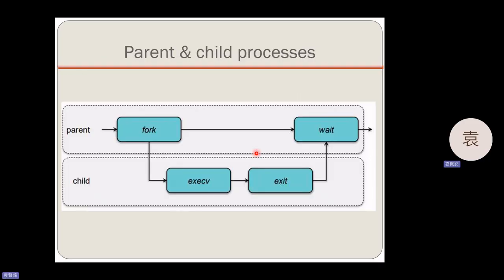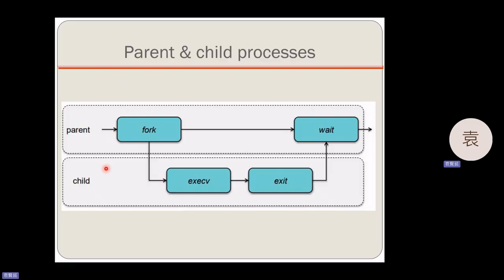The fork system call is used for a parent process to create a new process, and we call this new process the child process, corresponding to the parent process. Initially, when the child process is first created, these two processes are identical. Identical means that their process control block and the content of the process are identical.